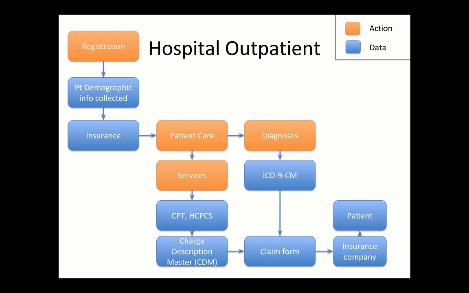This, along with additional information such as the name of the provider, the location of care, and the date of service, is used to develop a claim form. The charges for the services are added to the file based on the Charge Description Master, the CDM, which is a complete list of the services that may be provided to a patient and the charge for that service.